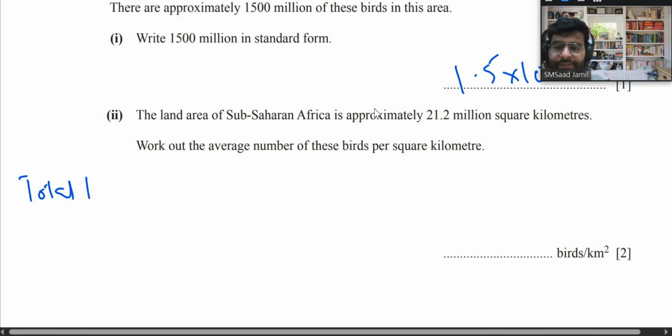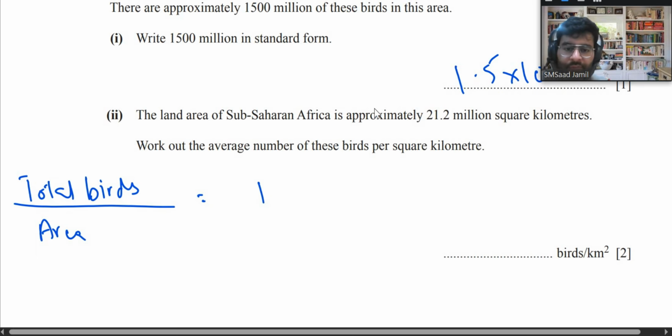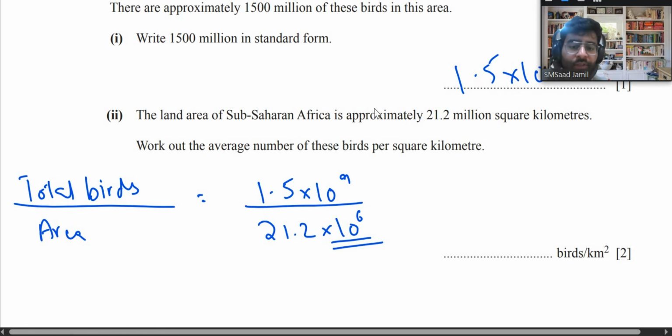Total birds are 1.5 multiplied by 10 raised to power 9. Total land is 21.2 multiplied by 10 raised to power 6. Why did I write 10 raised to power 6? Because whenever it says million, it means 10 raised to power 6.